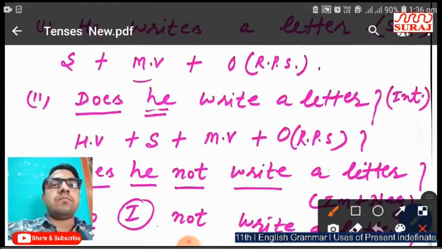This is the structure of a simple sentence of present indefinite: subject, main verb plus object, I mean to say the rest part of the sentence. This is the structure of an interrogative sentence of present indefinite: helping verb, subject plus main verb plus object. After that you should mark the interrogative mark.